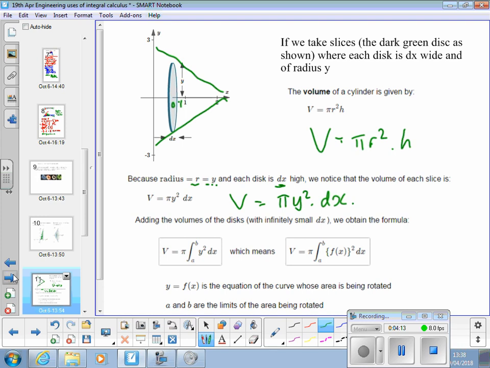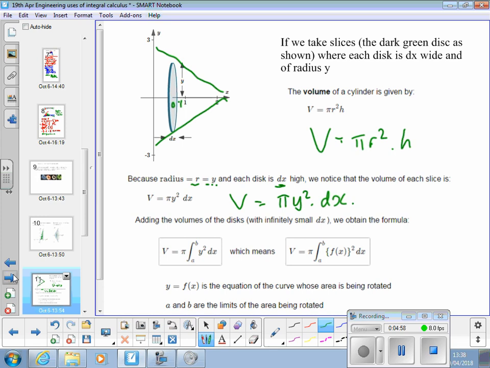So now we've got a very thin slice of cone treated as a very thin cylinder. Pi times y squared is the area, and if we multiply it by the width of that slice, we've got the volume of that slice.